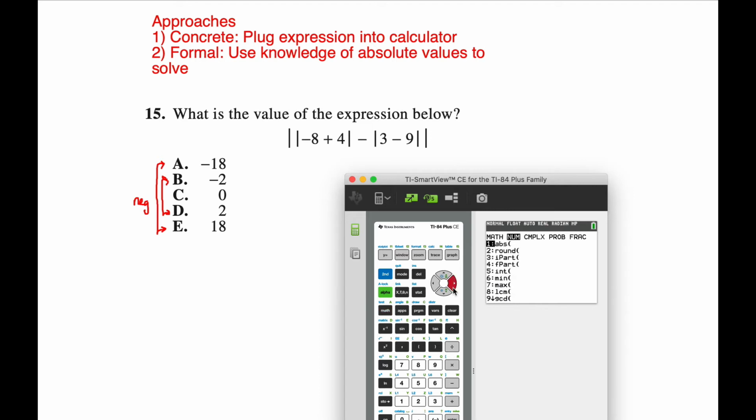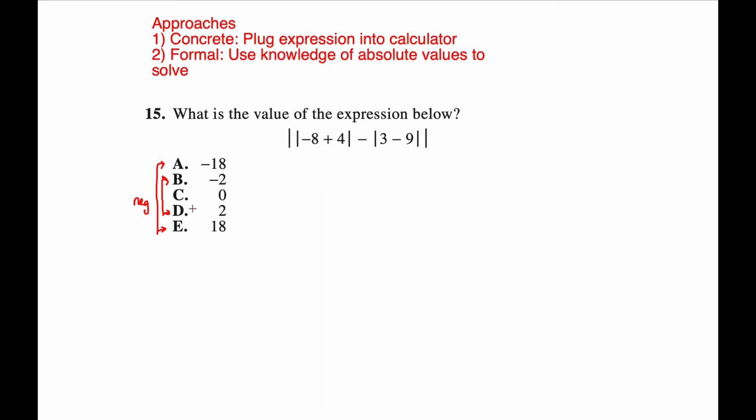So I'm going to go back and then do it again, and we'll do negative 8 plus 4 there, and then we're also going to want to add this minus sign and then another set of absolute values. So Math, NUM, ABS, and then 3 minus 9, and then that should be it. When we press enter, we get positive 2. So the correct answer here is D.